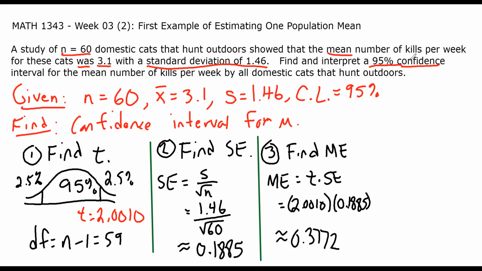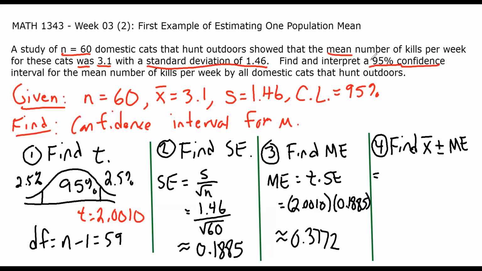All right, so that part was pretty easy. The last part, I think I can fit all this on one page. No, we'll just go to the next page. The last part, we're going to find our interval. And remember, your interval is always the sample version of what you're estimating. Since we're estimating population mean, our sample version is sample mean x bar, plus or minus your margin of error.